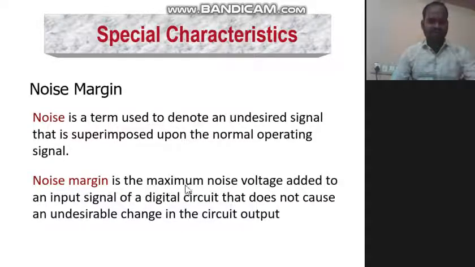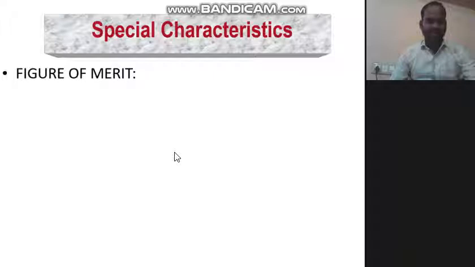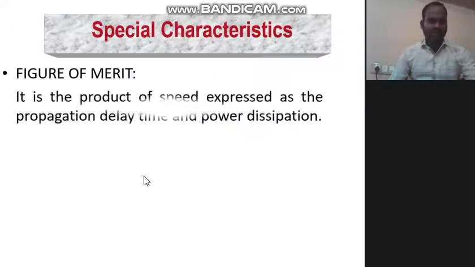Noise margin is the maximum noise voltage added to an input signal of the digital circuit that does not cause an undesirable change in the circuit output. Next one is figure of merit. It is the product of speed, expressed as the propagation delay time, and the power dissipation.